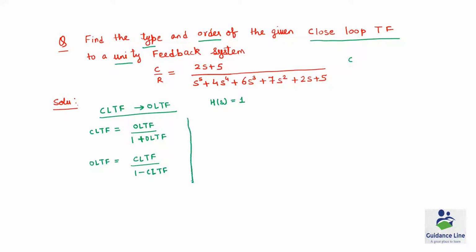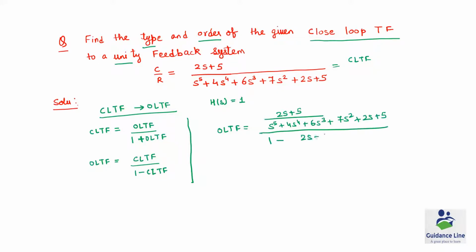So now we have an expression in terms of CLTF, and I can find OLTF by substituting this value here. Now you can see we have 2s plus 5 over s^5 plus 4s^4 plus 6s^3 plus s^2 plus 2s plus 5, and we have 1 minus (2s plus 5) over s^5 plus 4s^4 plus 6s^3 plus 7s^2 plus 2s plus 5.